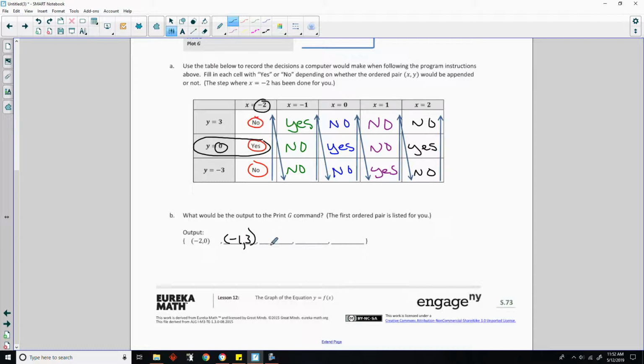It's when x is 0 and y was 0. Okay, and where is my yes in this one? When x is 1, y had to be -3. And then my yes in the x is 2, my yes was when y was 0. So it's the set of ordered pairs -2, 0, -1, 3, 0, 0, 1, -3, and 2, comma 0.